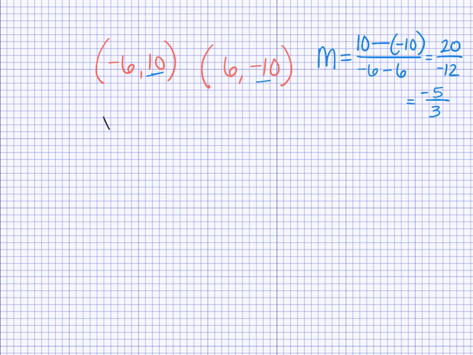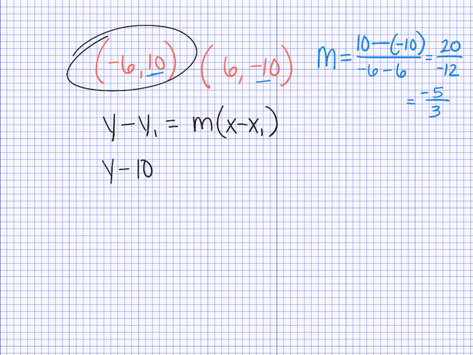So let's go ahead and plug in our numbers. There's my point slope form. And I'm going to pick the first point again. So let's do y minus 10 equals, okay, my slope was -5/3. And then x minus, but that's a -6, so it's going to make it x plus 6.